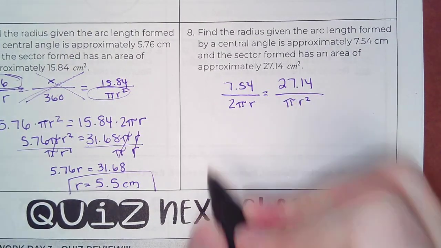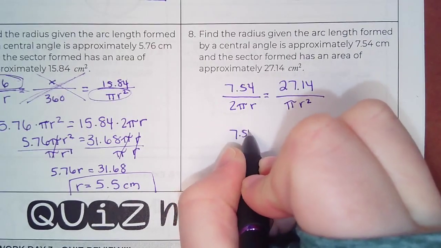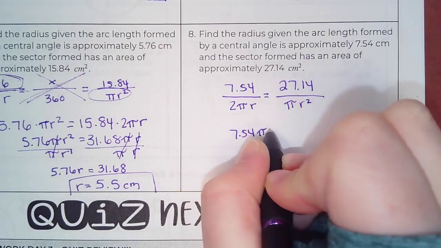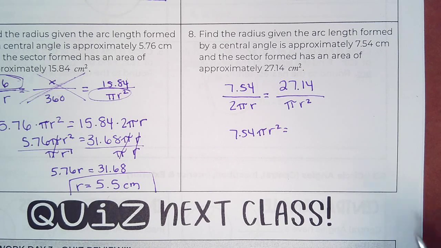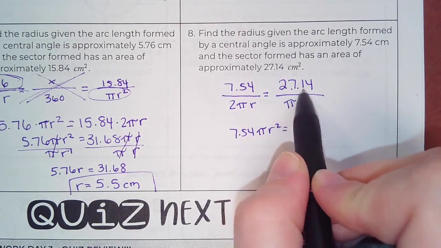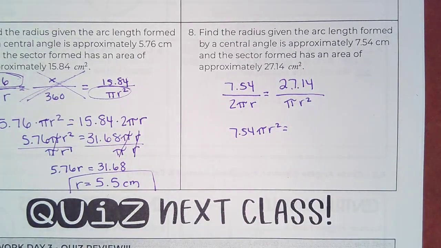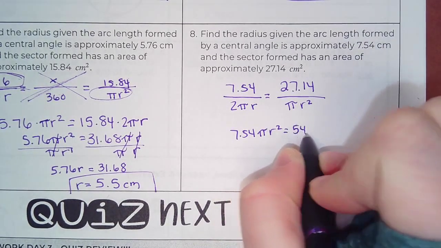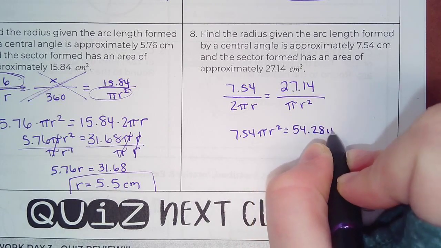Cross multiply. 7.54 pi r squared equals multiplying 27.14 times 2 is 54.28 pi r.